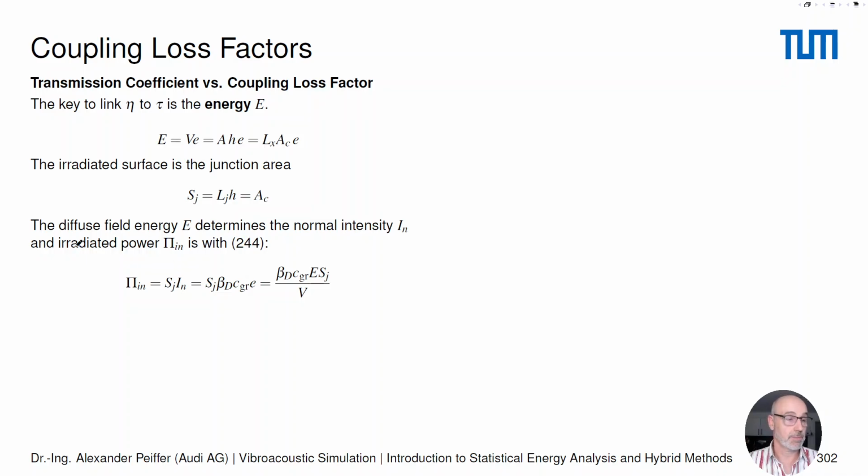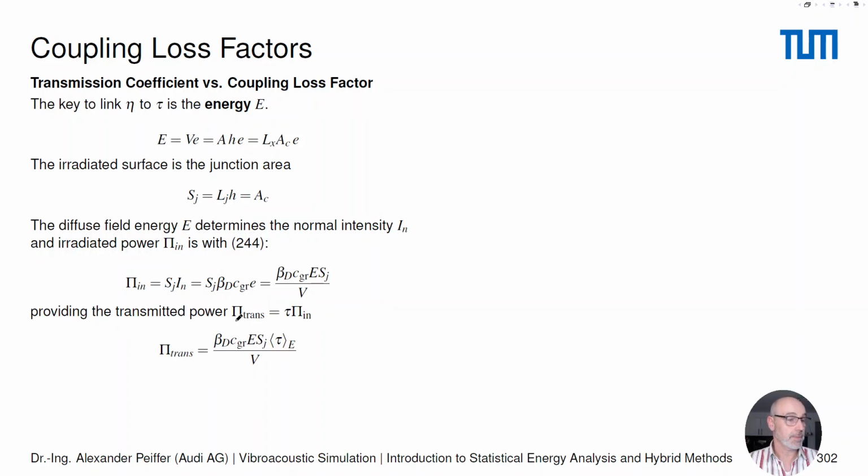And the irradiated power that follows from this energy in the junction area is given by all the different dimension factors. So that's the surface times the intensity. This is equal to a kind of constant, we call it beta d, times group velocity and energy density. And if we just combine this back into an energy formulation, we will end up with this.